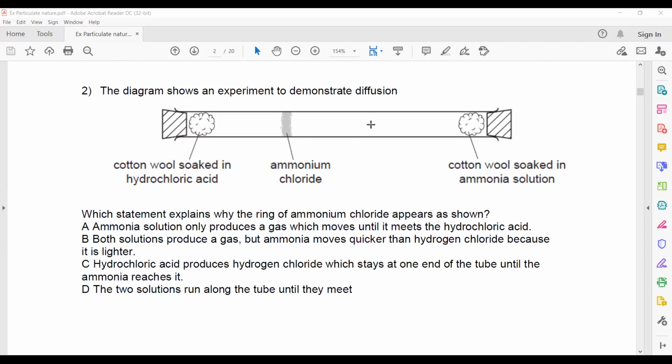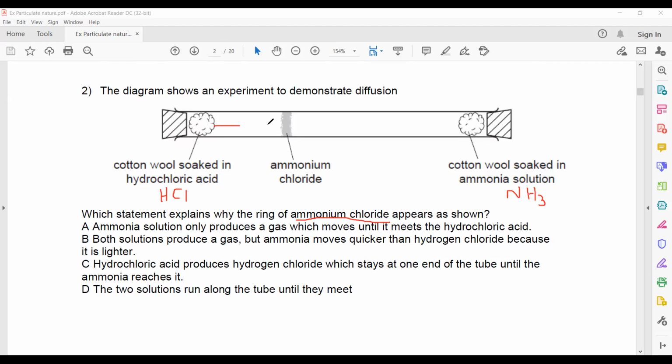The diagram shows an experiment to demonstrate diffusion. On one side we have cotton wool which is soaked in HCl, hydrochloric acid. Another side is ammonia. When HCl combines with ammonia, it forms a compound called ammonium chloride.